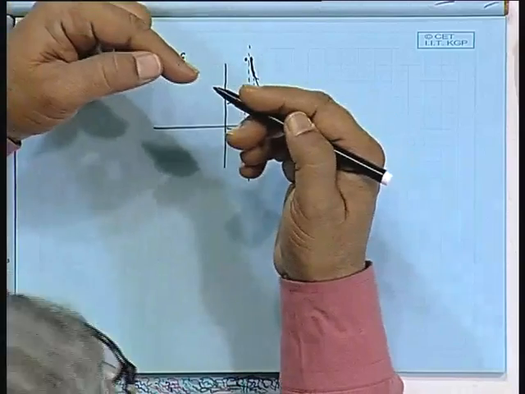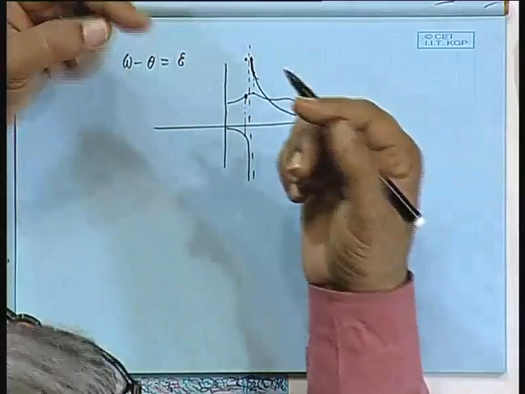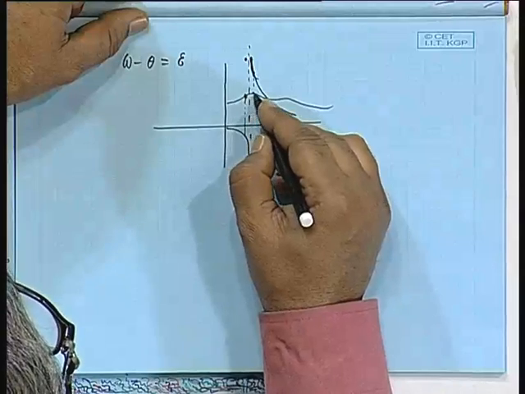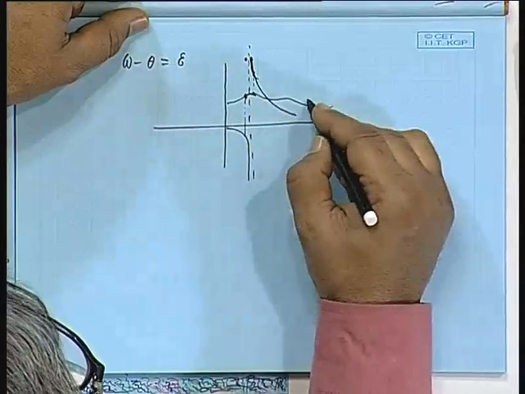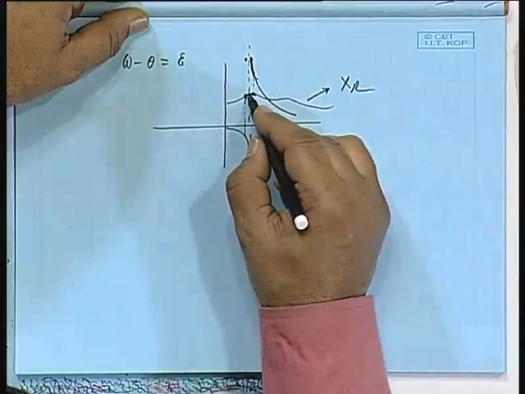And if we bring it very close, epsilon tending to 0, if we bring θ very close to ω, in this range we can assume the value of the other function, that is X_R, to remain practically constant at that value.